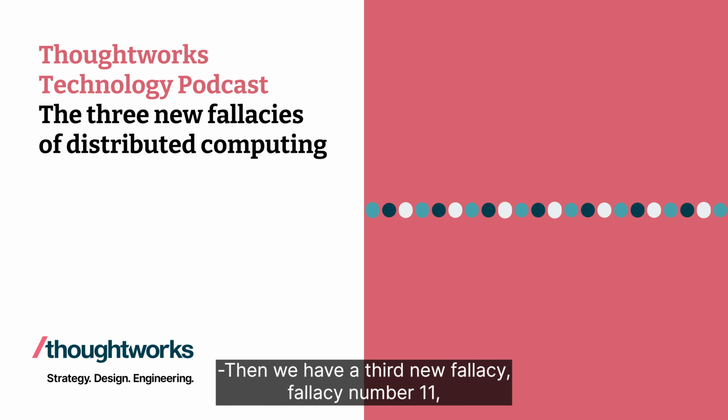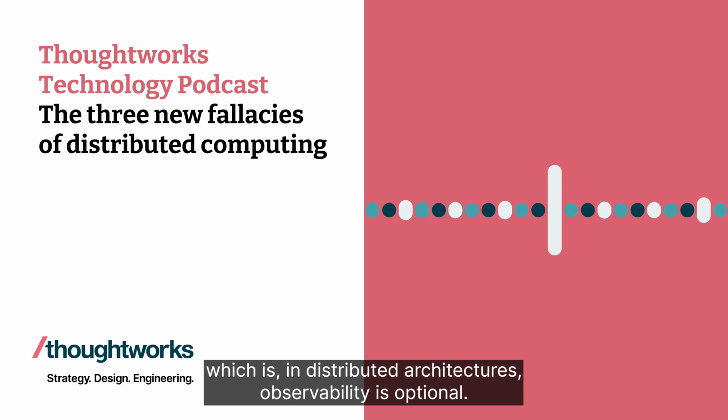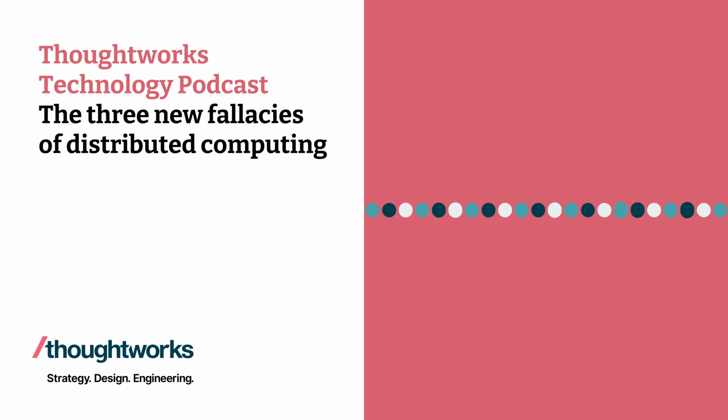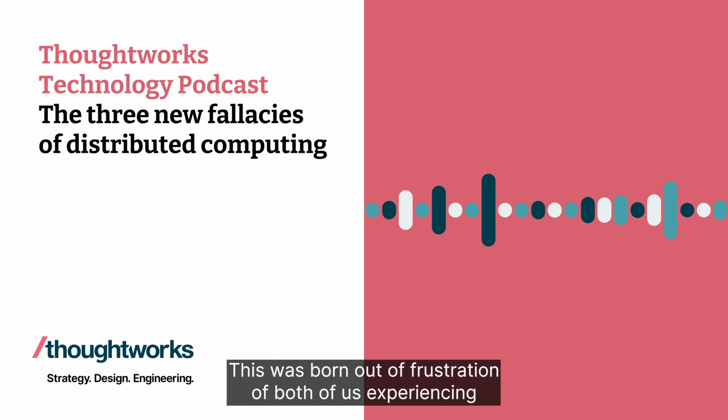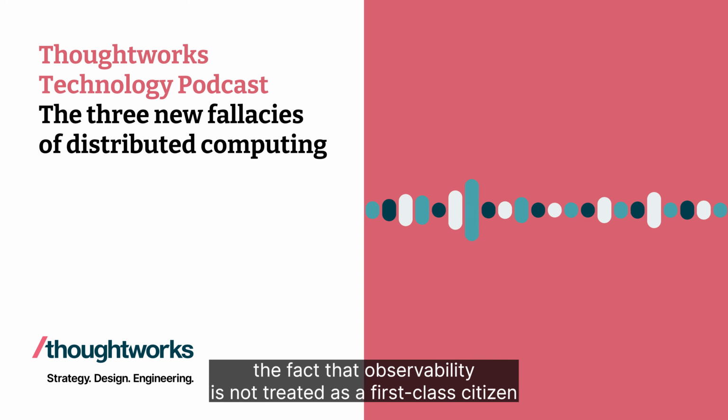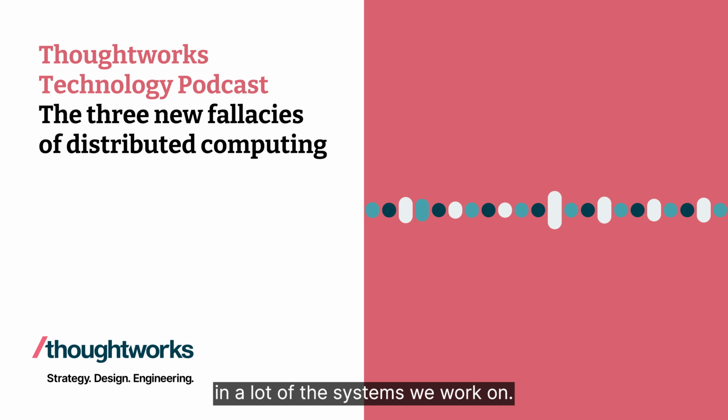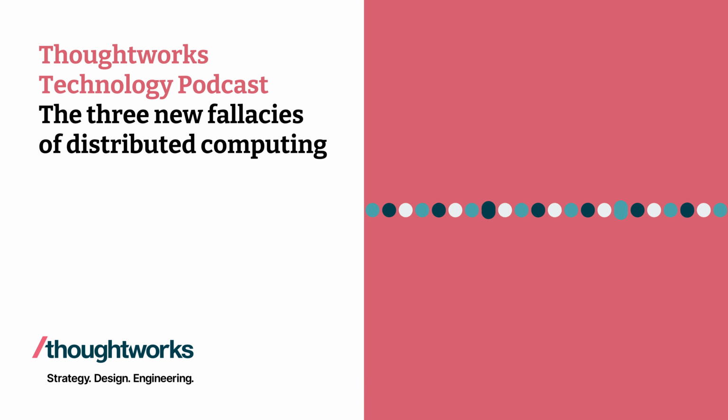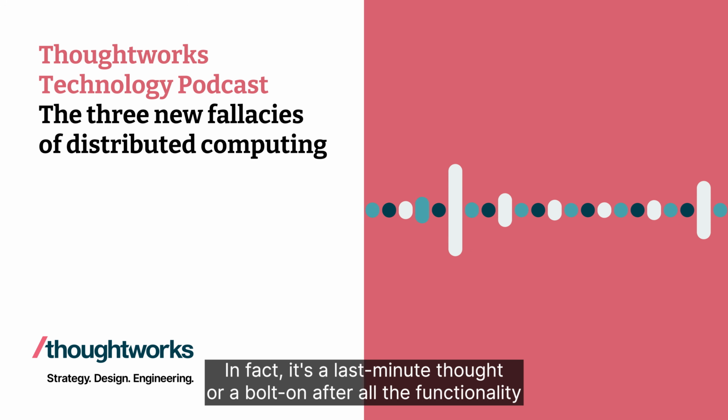And then we have a third new fallacy, fallacy number 11, which is in distributed architectures, observability is optional. And this was born out of frustration of both of us experiencing the fact that observability is not treated as a first-class citizen in a lot of the systems we work on. And in fact, it's a kind of a last-minute thought or a bolt-on after all the functionality is done.